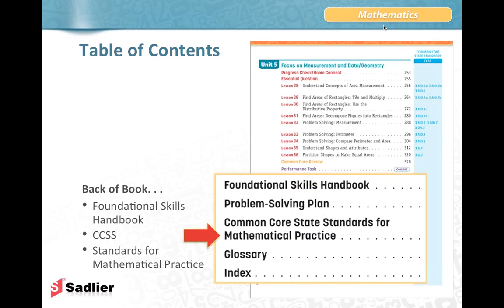So we have put in the back of Progress Mathematics the Foundational Skills Handbook so that at your fingertips you don't have to go to another resource. You can access the prerequisite skills. There are many lessons for these prerequisite skills to help you and your students fill the gaps of the Common Core state standards.